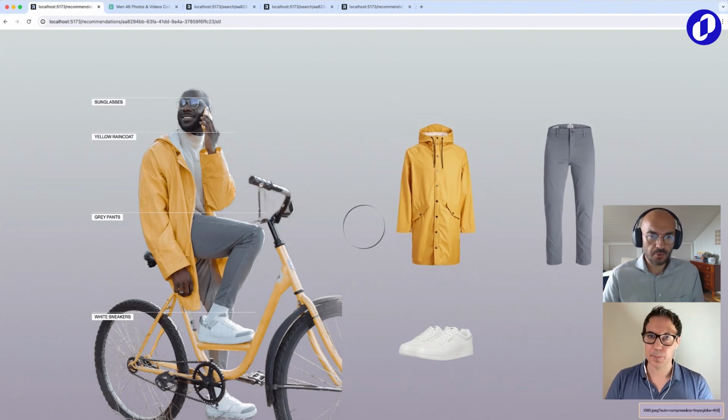But it is exciting. It opens up the obvious cases, where you are about to buy a product, you add it to the basket, and then, by the way, here's the complete look. But beyond that, it lets customers discover things that are not necessarily based on the model shots or the data provided by the brand.